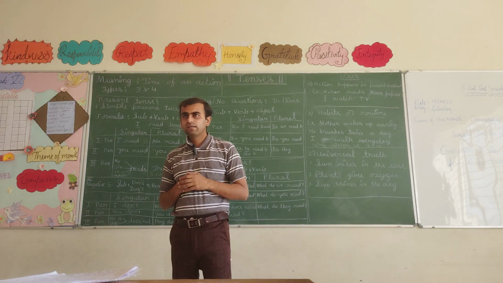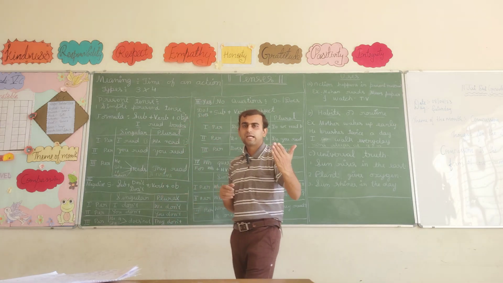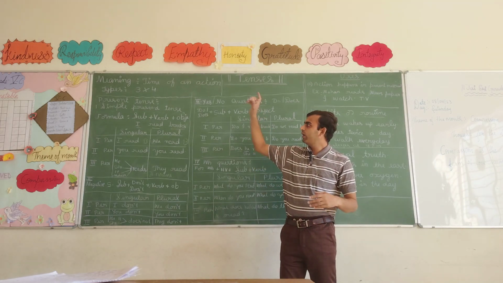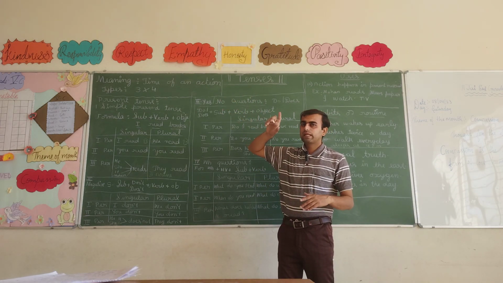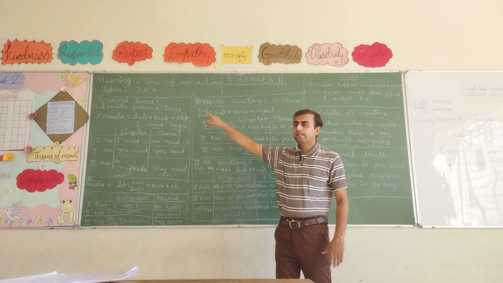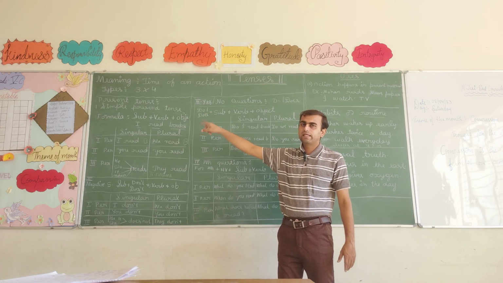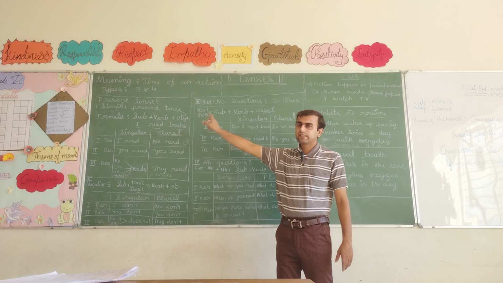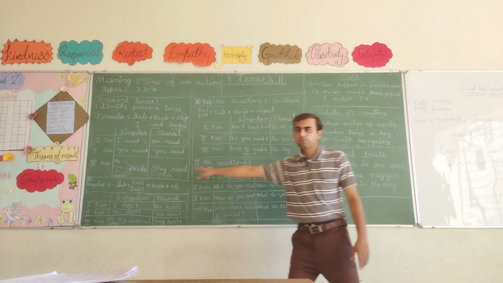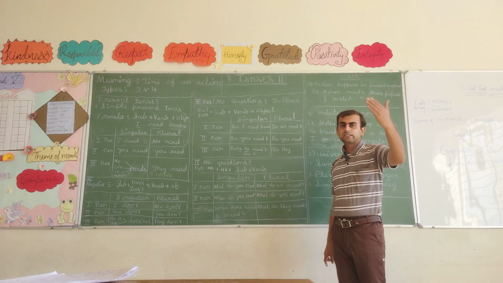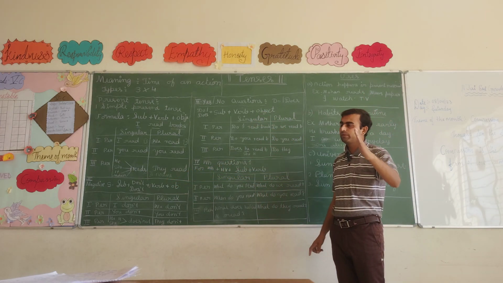Is it clear? In this class, what did we learn? We learned about tense, its meaning and all types of tenses. Also we elaborately learned the simple present tense, its formula, how to make the simple present tense in an assertive sentence, and how to make a negative sentence. The simple present tense we also call the present indefinite tense.